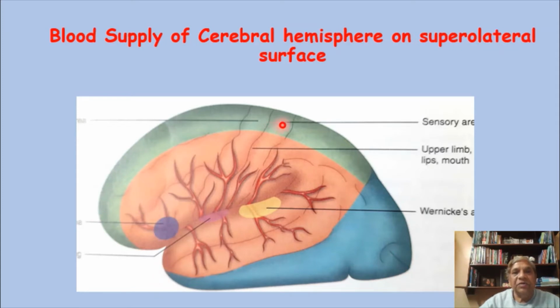Okay, so this is the central sulcus, and all the area which lies in front of this central sulcus is the frontal lobe. Between the parieto-occipital sulcus here and the central sulcus, this part is the parietal lobe. Posterior to an imaginary line here, this area is that of the occipital lobe.